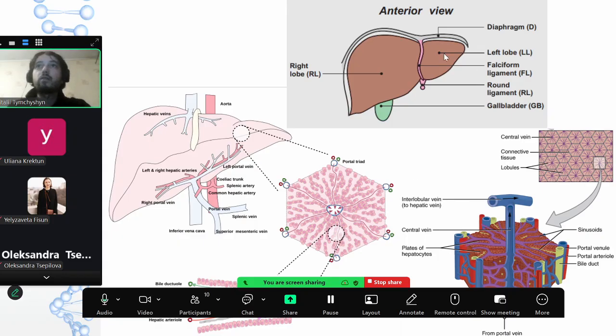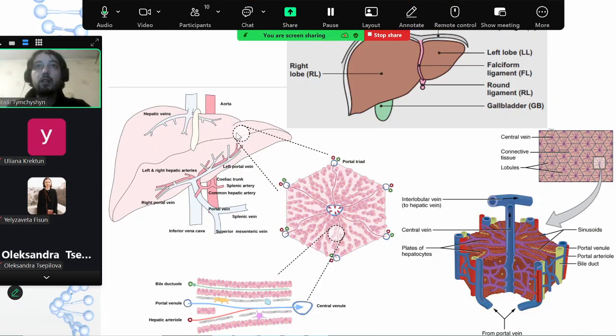Here is another view. Once again you see the anterior view of the liver, the diaphragm, the liver, and once again the gallbladder. But what's interesting here is an enlarged view of a small portion of the liver. You see that the liver is constructed from small hexagons, and here you see interesting parts of these hexagons.